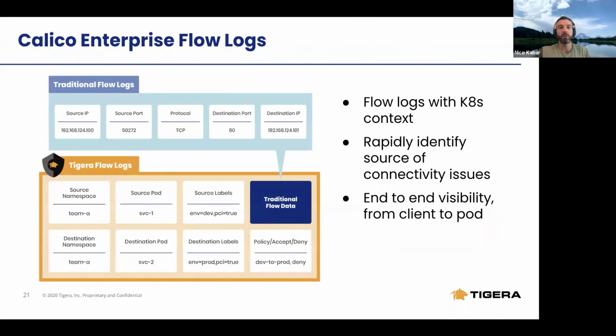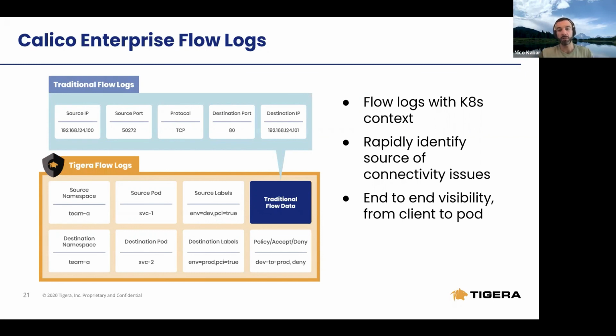One of the ways we do that is, first and foremost, by gathering advanced flow logs that go beyond what any other existing flow log and flow log management tool can capture. We have advanced metadata around the pods, services and namespaces for every flow log.